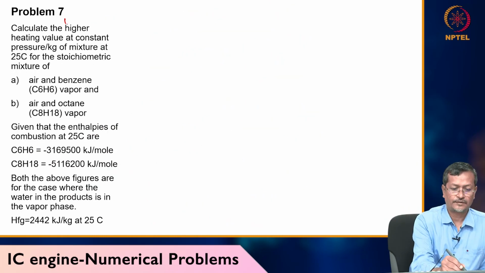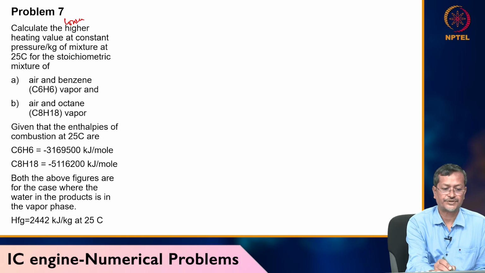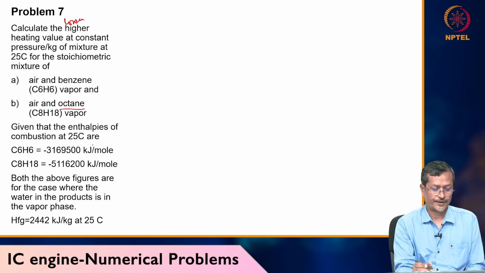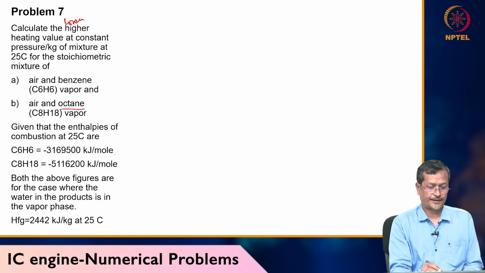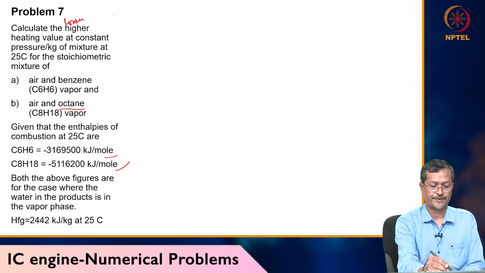Now calculate the lower and higher heating value at constant pressure per kg of mixture at 25 degrees centigrade. First I make a mixture of benzene and octane. The values are given for C6H6 in kg per mole. First you have to calculate air and benzene vapor.